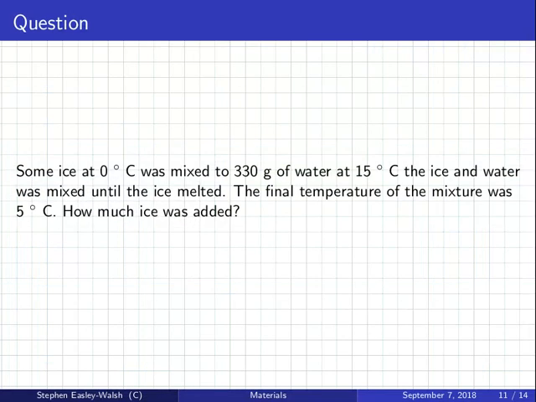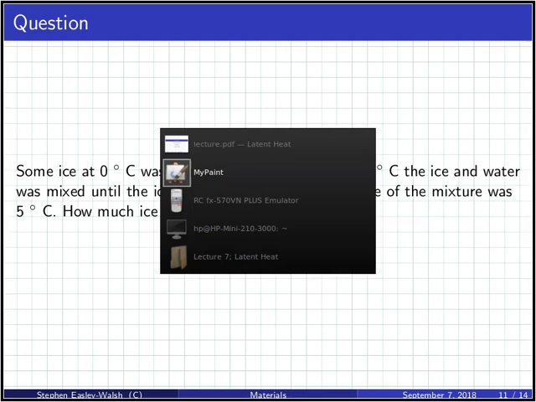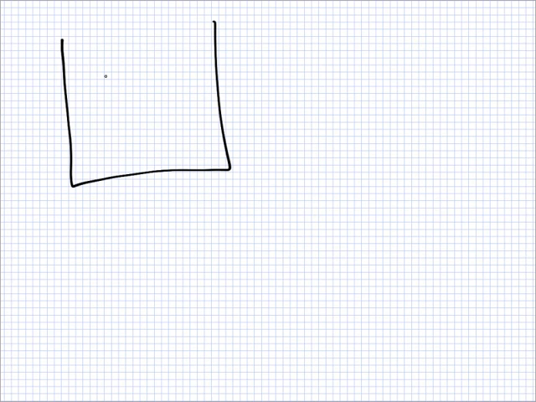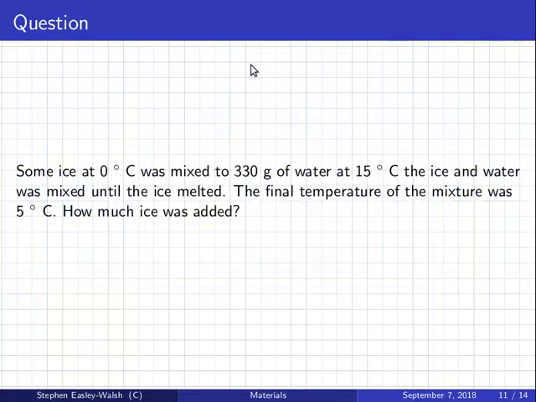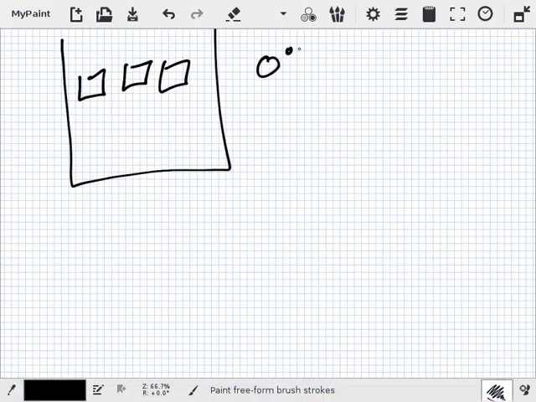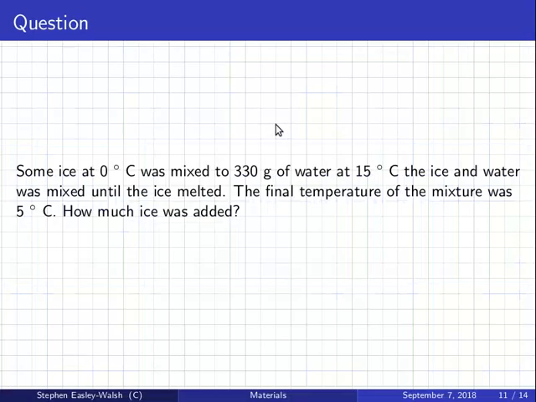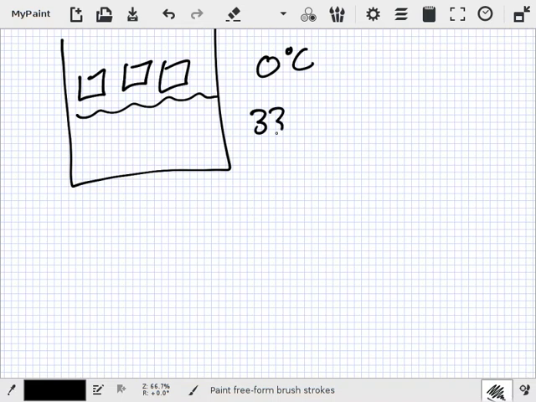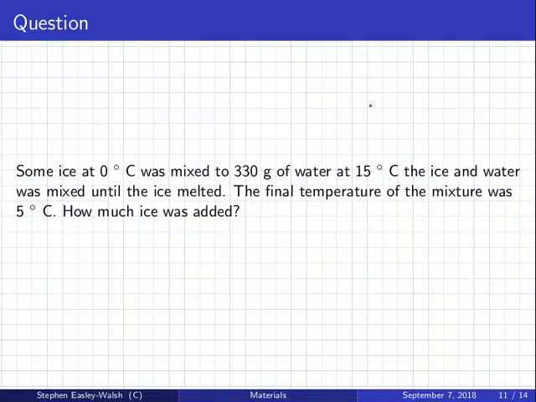Some ice is mixed with some water, and you mix them together until the ice melts. What is the final temperature? This one's a little bit like the question we did with the coffee and the milk, where you mix them together and get the final temperature. So you have some ice at 0 Celsius, and then you put that into 330 grams of water at 15 Celsius.